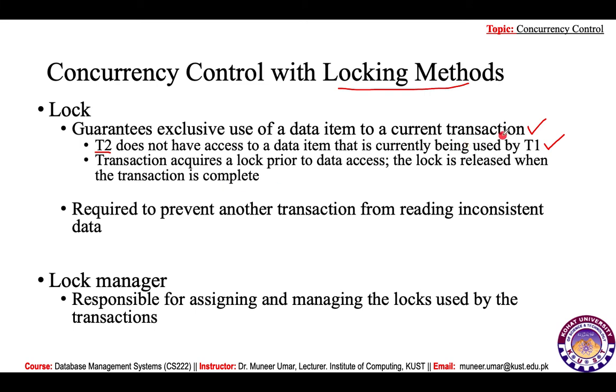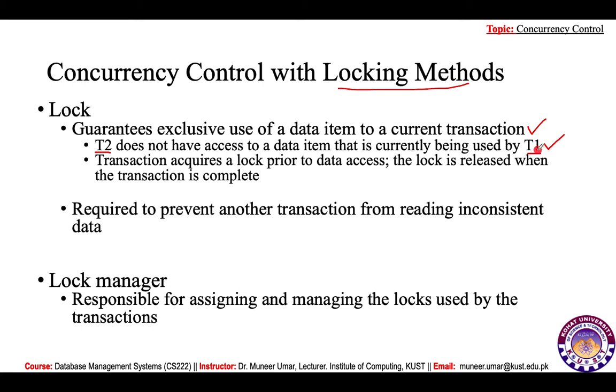In the beginning, if T1 needs to access this data item, T1 requests for lock. And if that item is not used by any other transaction, then the lock is granted to T1.